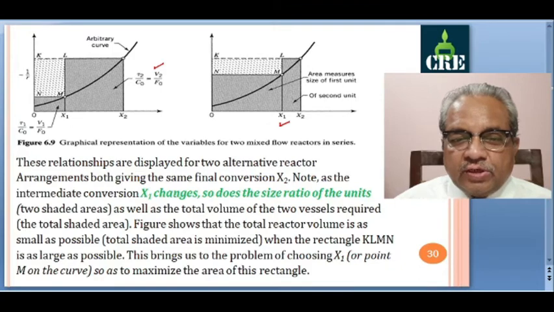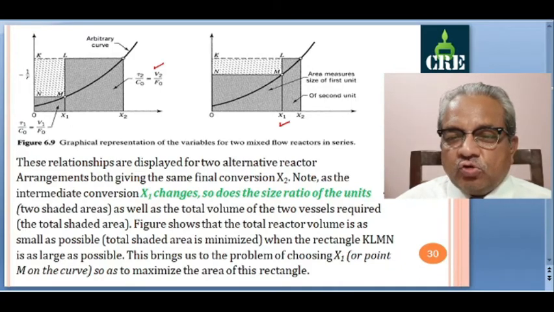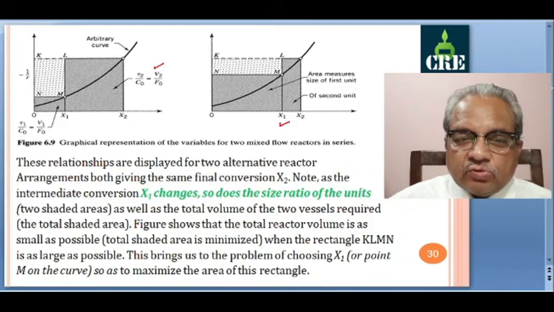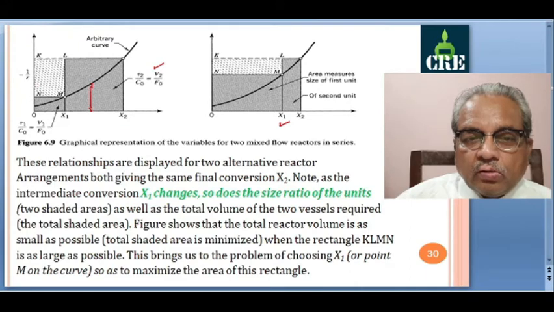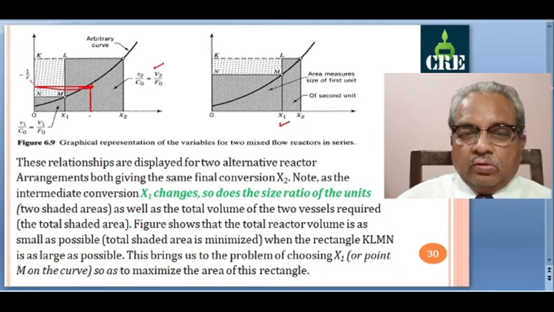As the intermediate conversion x1 changes, so does the size ratio of the units. As this x1 position changes, if you shift it here, what will happen? This is your x1, let us say it is shifted here.